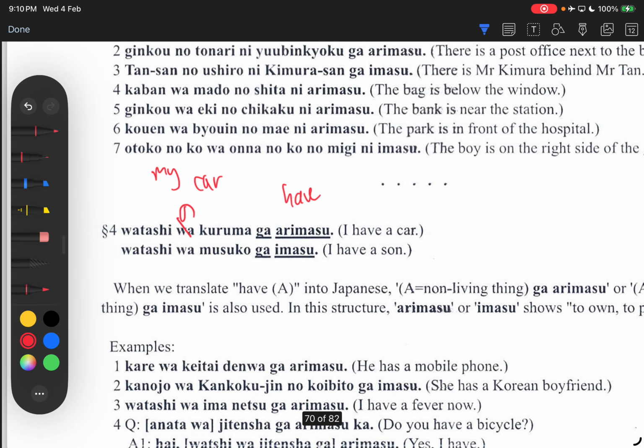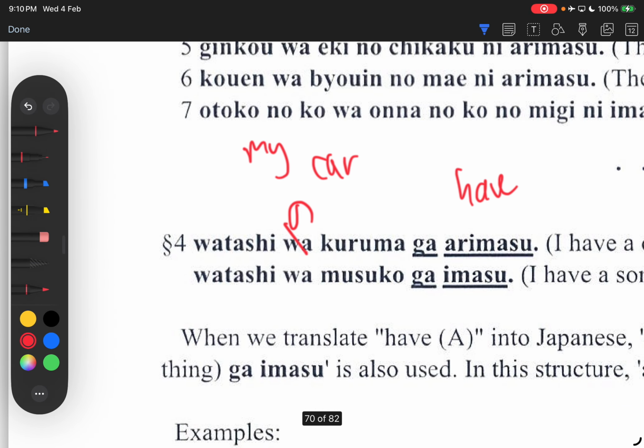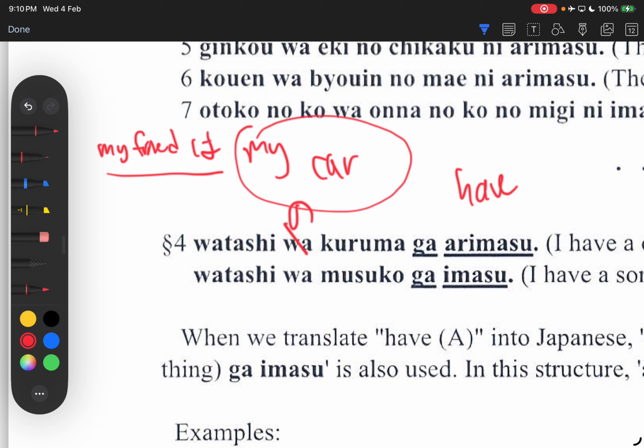Then who is the subject here? For example, my friend. My friend wa, right? My friend wa, 私の車があります. My friend has my car. My car. 私の車. ga arimasu.